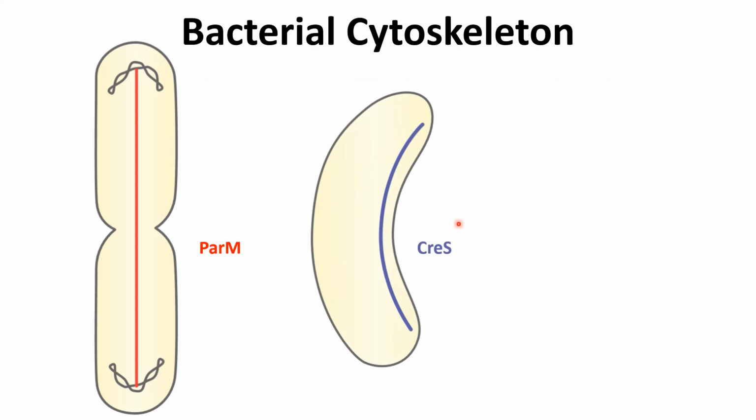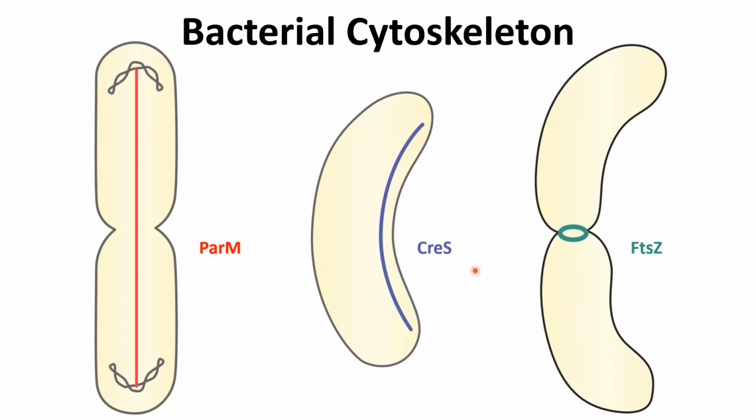And we have the CreS molecule, which aids in the change in shape of certain cells. So here we have a comma-shaped cell, and that is dictated by the CreS protein. And we also have the FtsZ protein, which aids in the cytokinesis between these two newly formed bacterial cells.